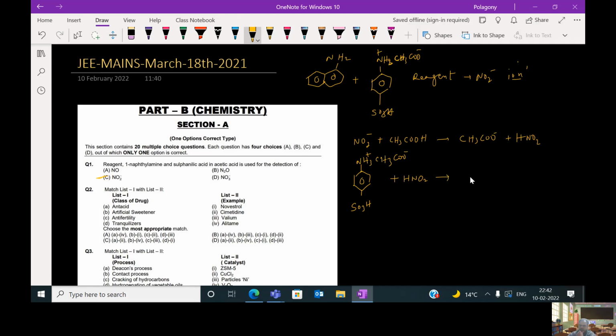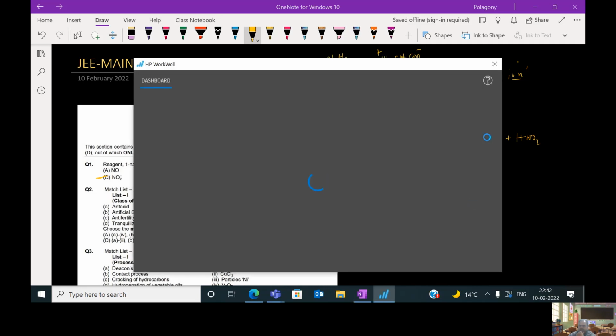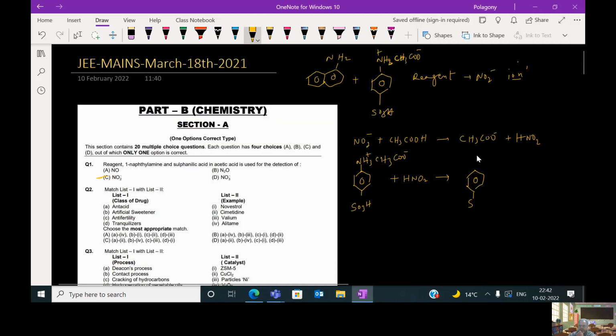The compound produced has the sulfonic group here, nitrogen double bond with nitrogen, and O C double bond O CH3, and 2 water molecules are eliminated from this.